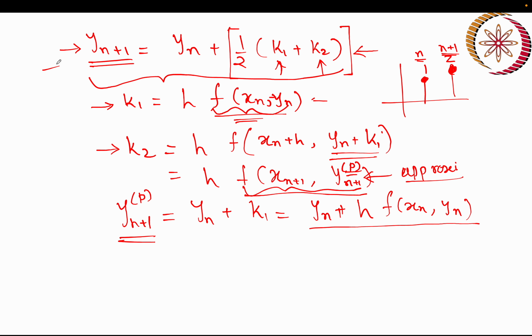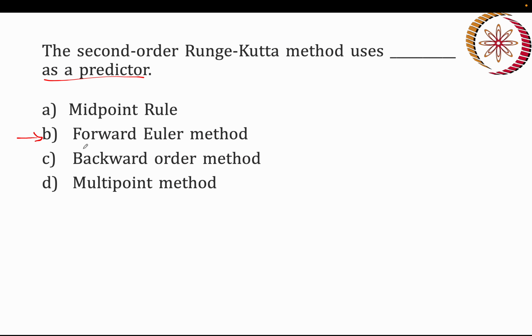So this is nothing but the corrector step. In this case we are correcting, and whatever we did before is the predicted value. This predicted value is forward Euler. Okay, I hope this is clear. So this is why forward Euler is the predictor in the Runge-Kutta second order method.